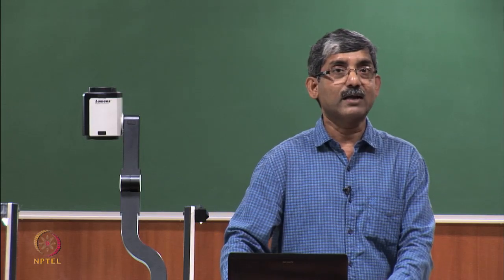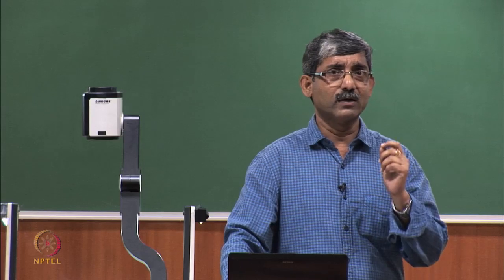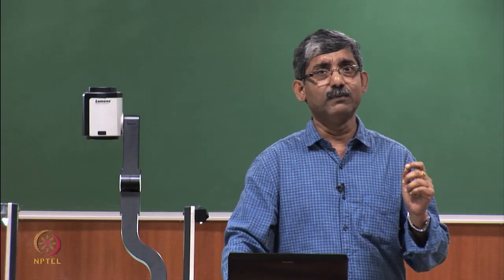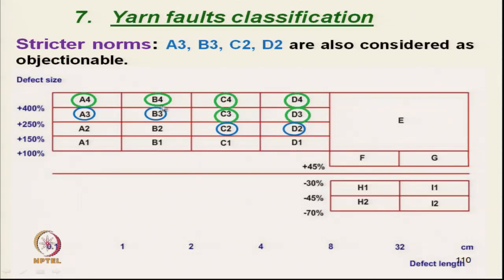So, that is why we have to decide what type of faults we have to remove. We may think, okay, we will work with B4, C4, D4, D3, then it is fine. In that case the number of stoppages will be less. Then H1, H2, I1, I2, we can see which ones we can remove.